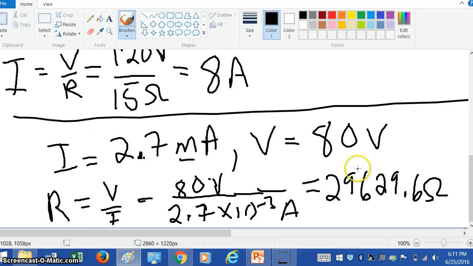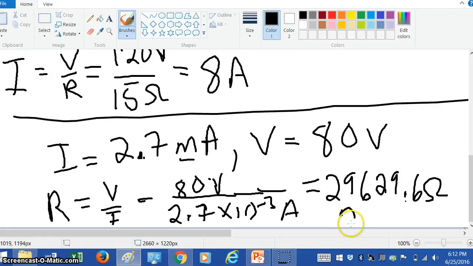It's 29,000. Just to let you know, sometimes if I were to move the decimal point, this is perfectly fine. That's the right answer. But often in electronics, they will give us an answer in kilo ohms. So sometimes you'll see this.